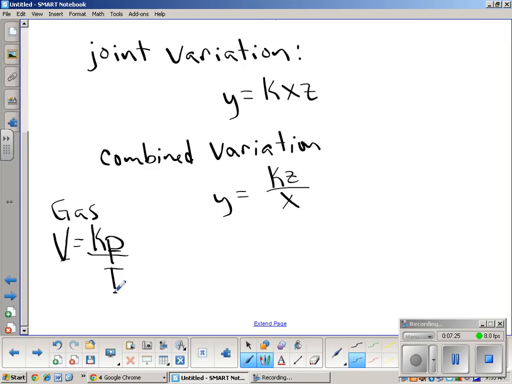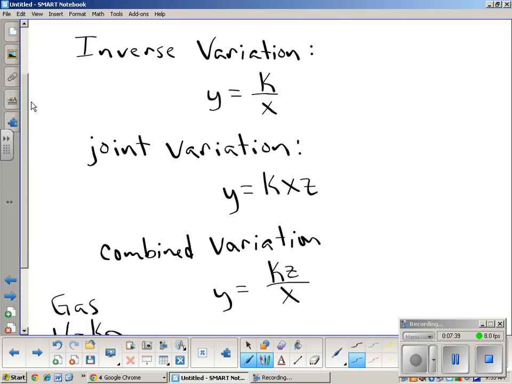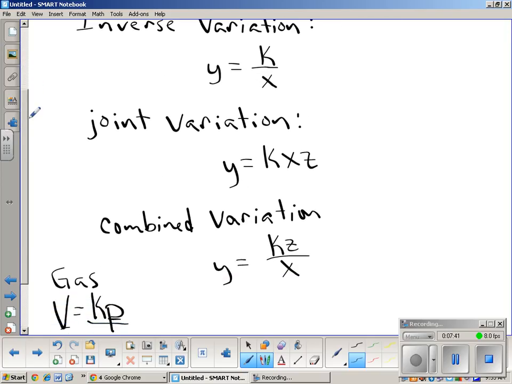So as the pressure goes up, you get more volume. As the temperature goes up, you get less volume. All right, so here are some direct, inverse, joint, and combined variation models, and they're going to ask you a bunch of questions about these today. I covered them all.